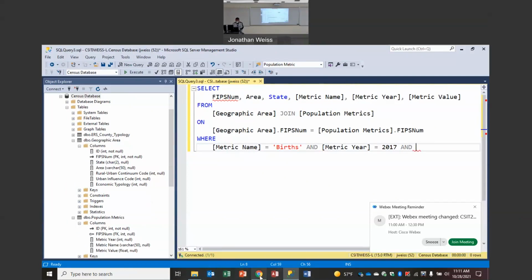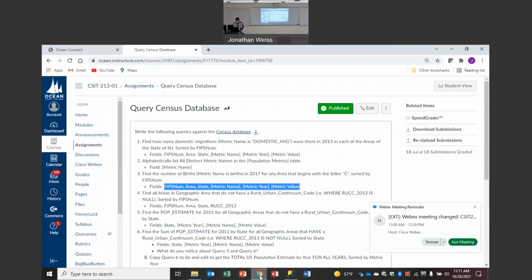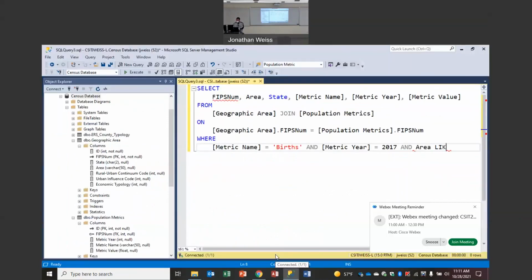And the area name, to find something that begins with the letter C, we put like C%. And that should be it, if I wrote that correctly.